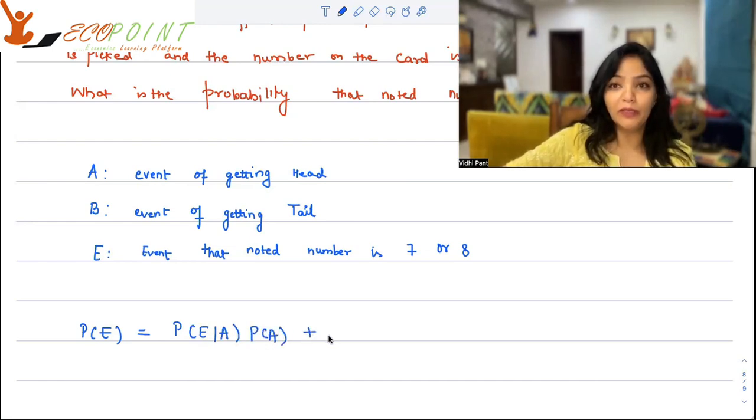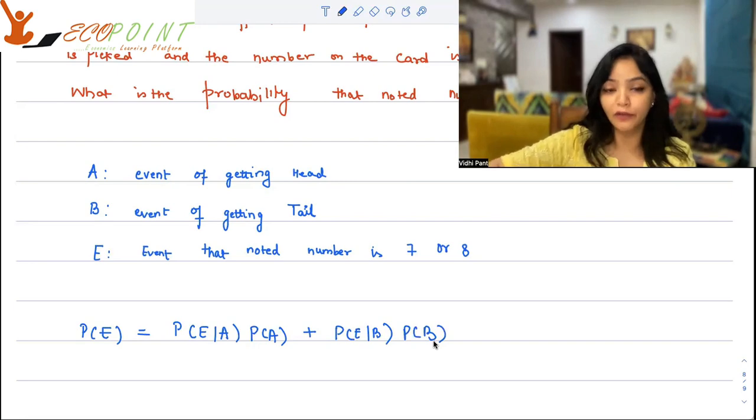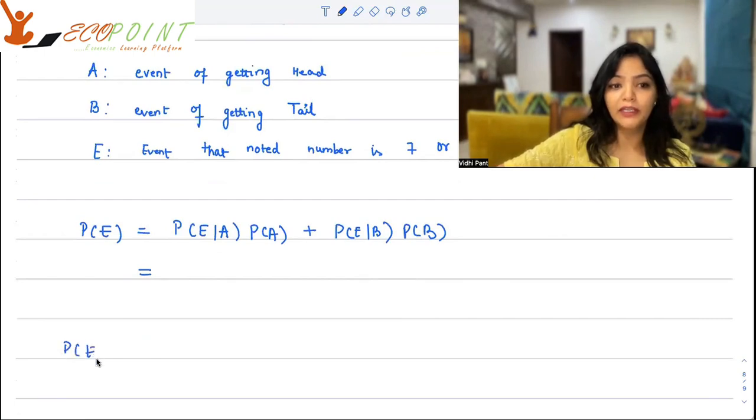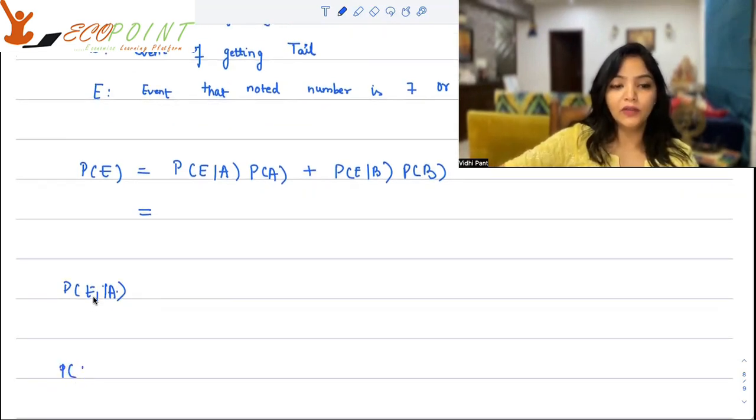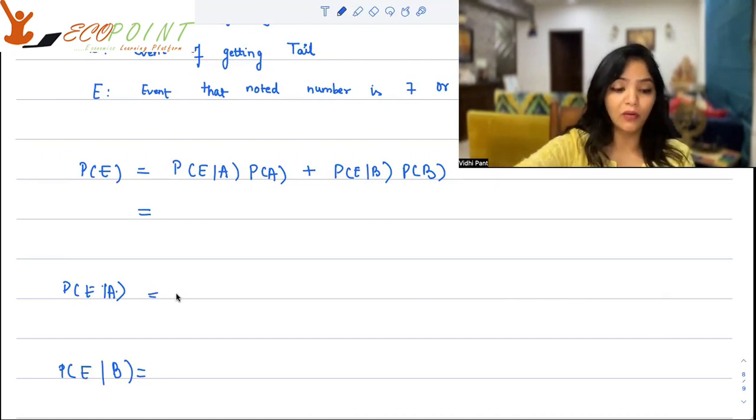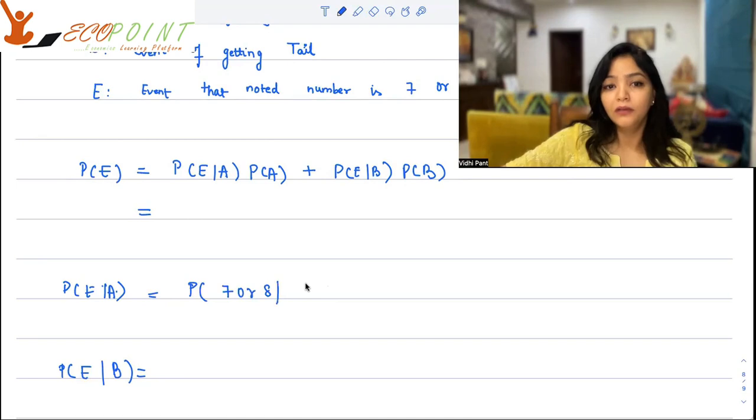So it's the total probability: probability E conditional to A multiplied by probability of occurrence of A, plus probability E conditional to B multiplied by probability of occurrence of B. So we should first find out separately the probability E condition to A and the probability E condition to B. Probability E condition to A means that you are talking about the probability of getting 7 or 8 under the situation that you got a head.